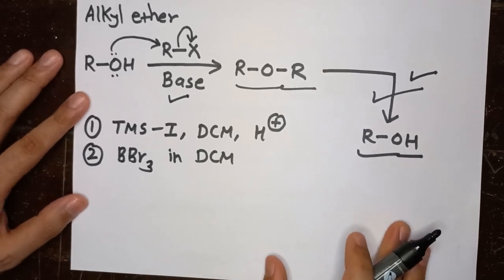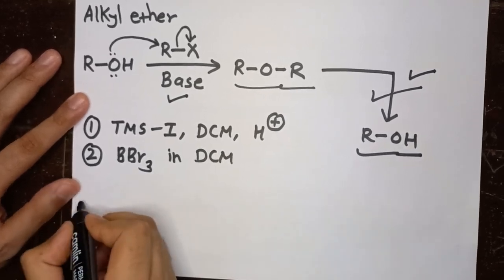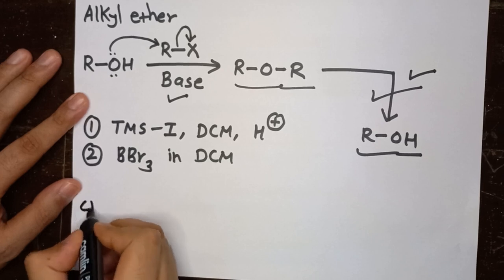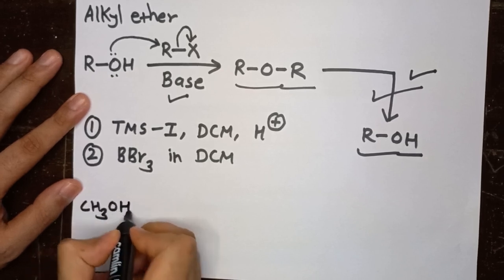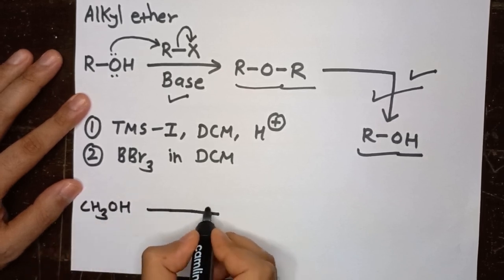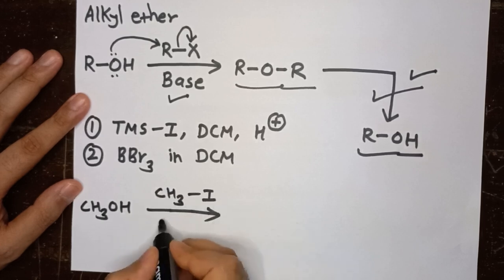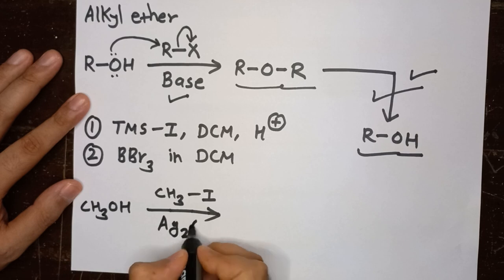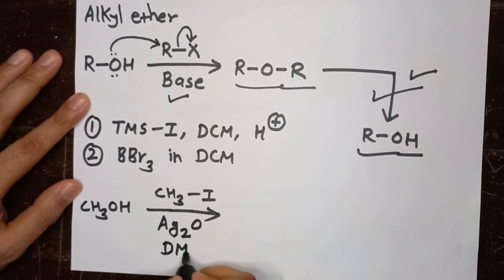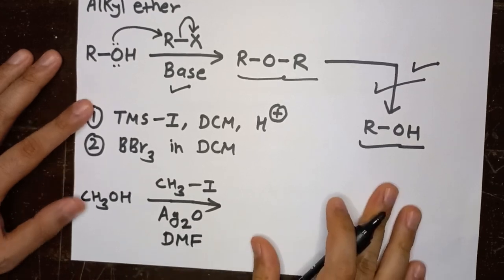Let me give one more reaction. Suppose I have methanol and I am reacting methanol with methyl iodide in presence of silver oxide in DMF as a solvent. So this is a protection.